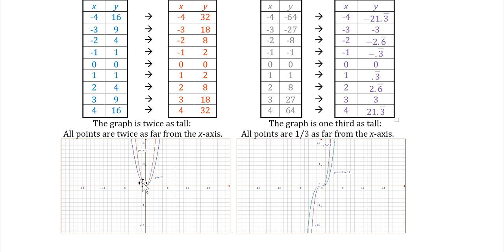So this is taller here. If it stopped at 16, at negative 4, if it was only defined from negative 4 to 4, then this one over here would still be only defined from negative 4 to 4. It'd be the same width overall, but it would end up being taller.